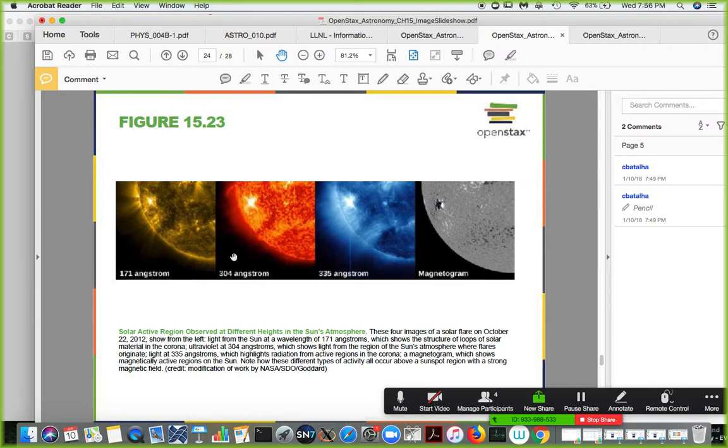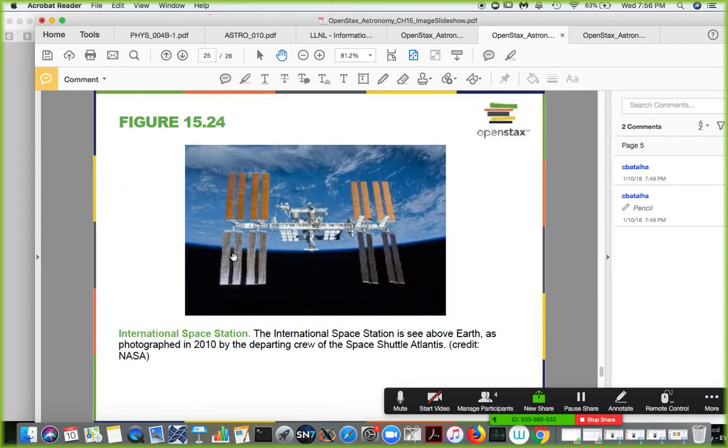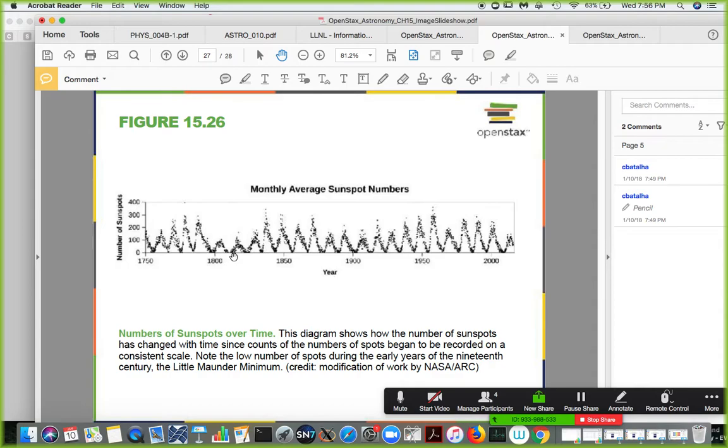That's the name of the model that exists so far, and it is the only one successful in explaining the sun's magnetism, although it's not complete. It has some flaws, but it's the only one we have so far.